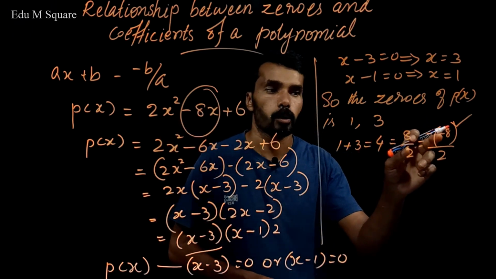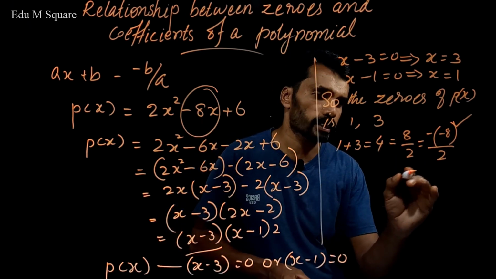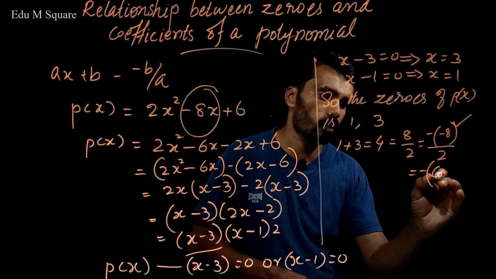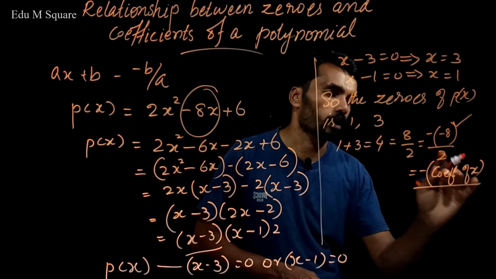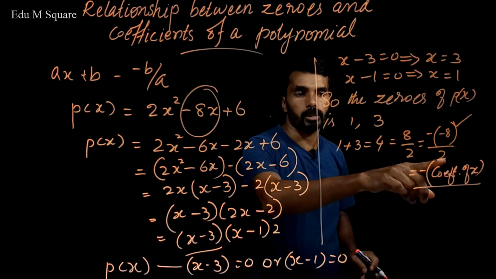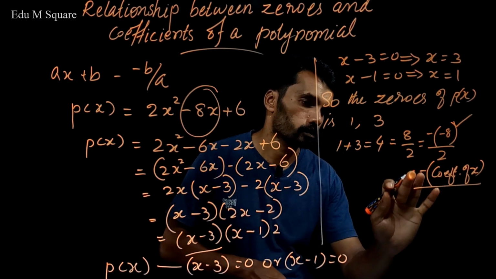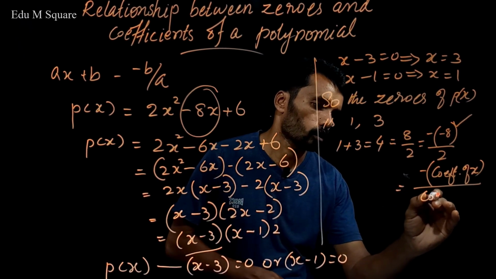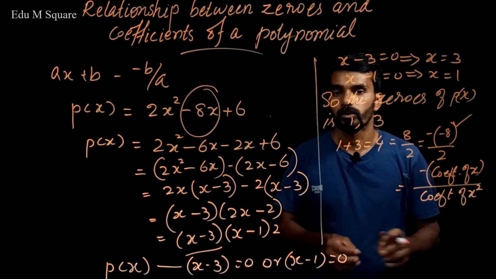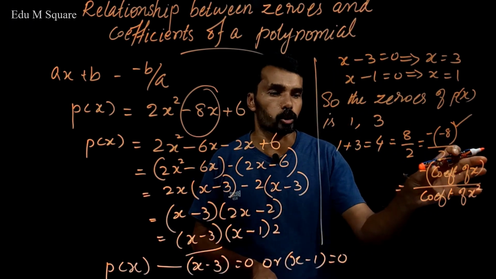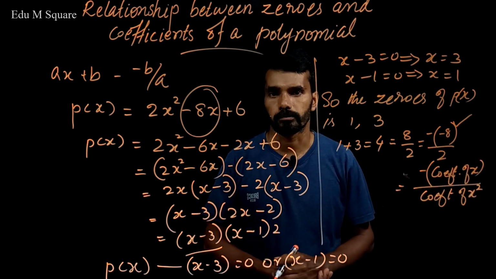Minus 8 is the coefficient of x, and this 2 is the coefficient of x square. So we got that the sum of the zeros is equal to minus of the coefficient of x divided by the coefficient of x square.